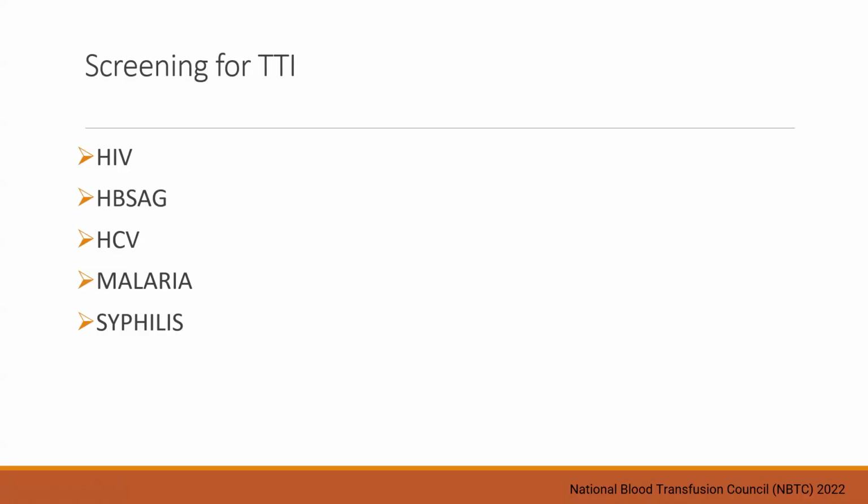Whereas in CLIA method, for HIV and HBsAg, the window period is almost 1 month. We start detecting antibodies only after 1 month, whereas with NAT testing, we can start detecting after 7 to 10 days.